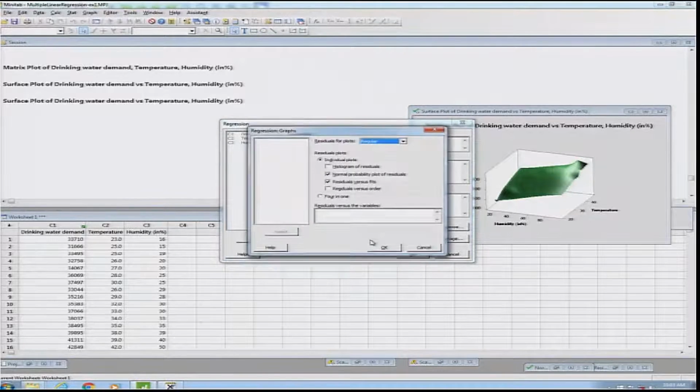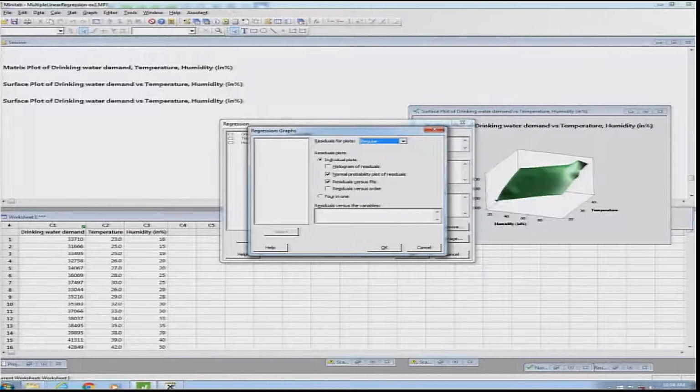Now, there is another option to have the graphs. You can see different options: histogram of residuals, normal probability plot, residual versus fit plot, and residual versus order. You may recall that when we discussed the diagnostics for our multiple linear regression model, we had considered all these things.